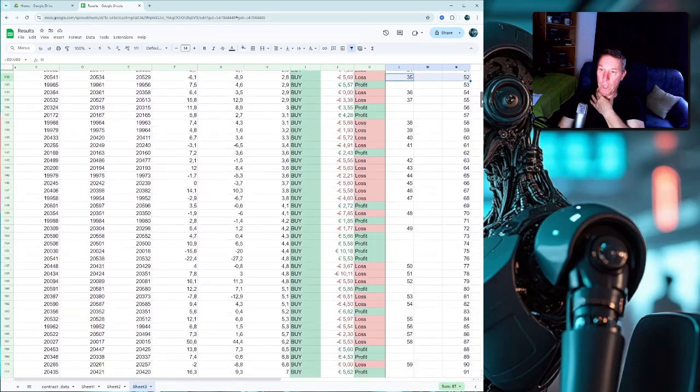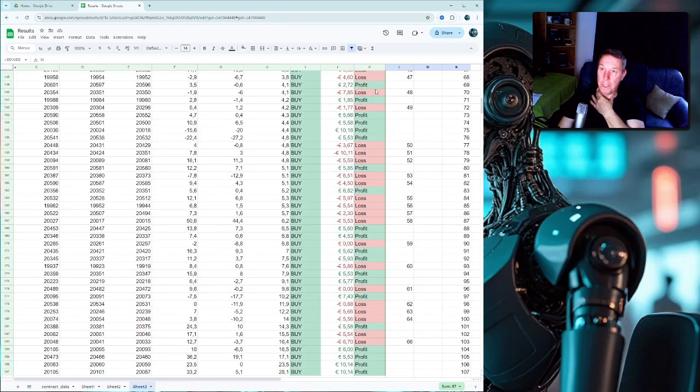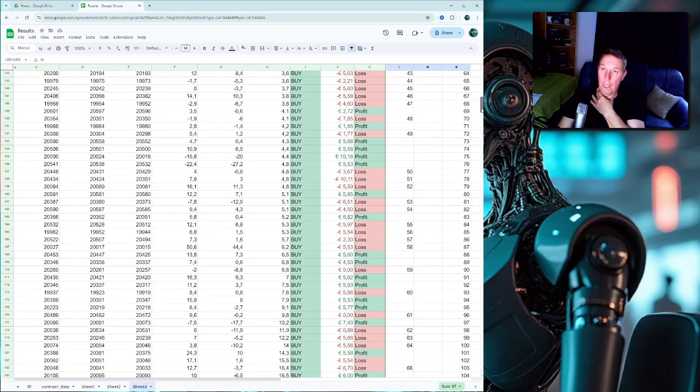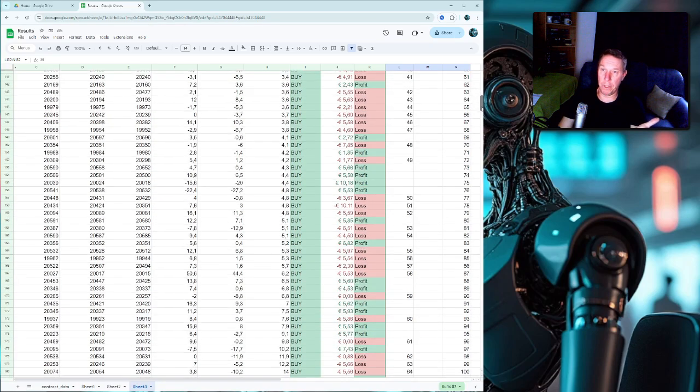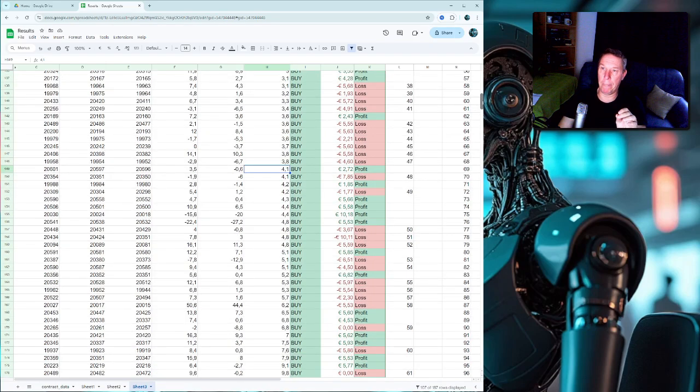And if I go down to the lower half, I see more green than red, like I did already in the other videos, but I see the same one over here. If the MACD histogram is at least at 4, the chance for a profitable trade is better.